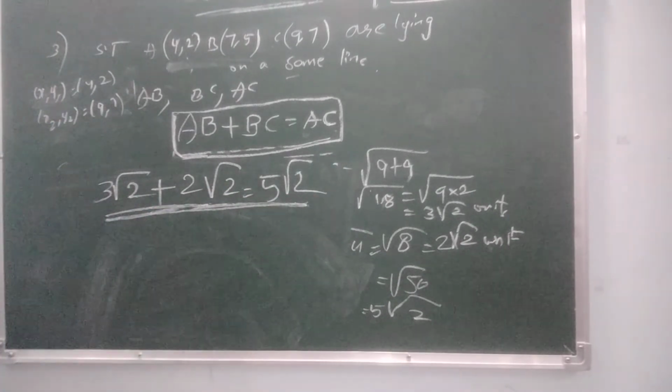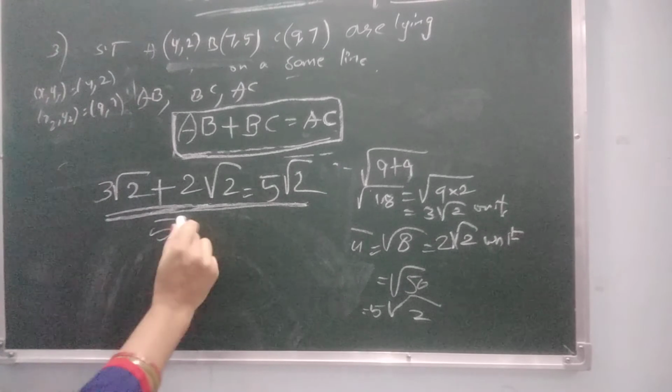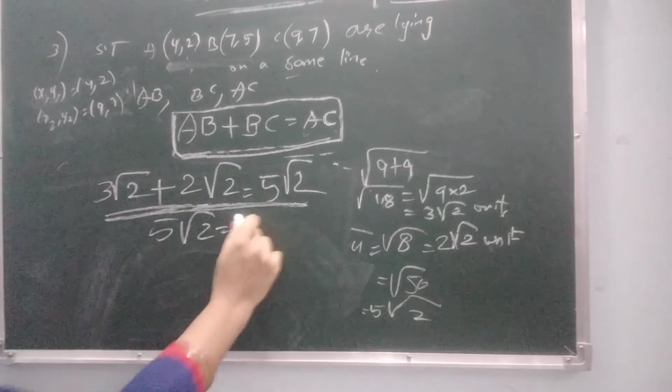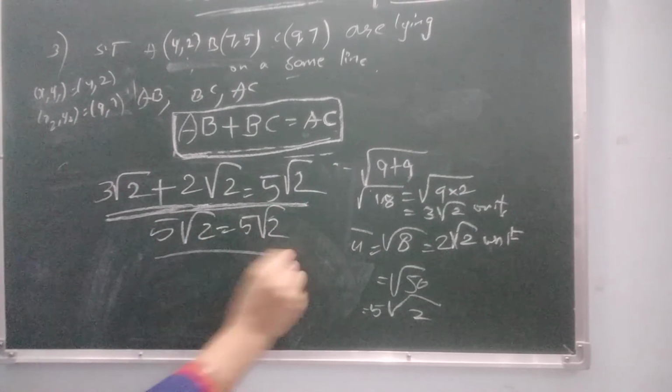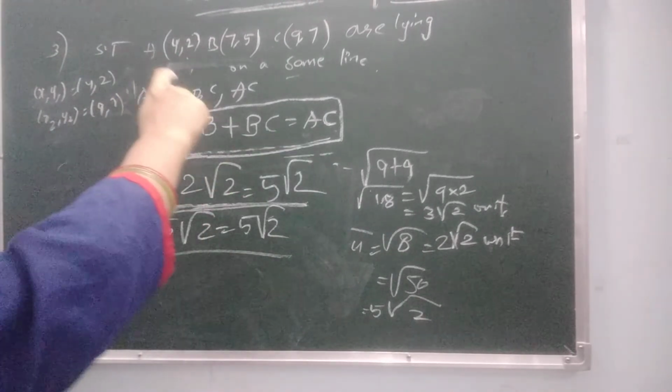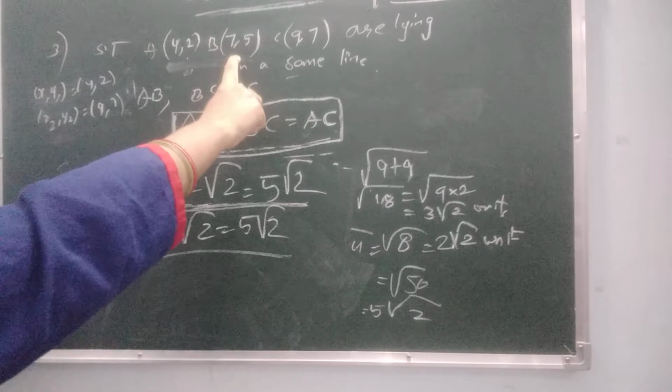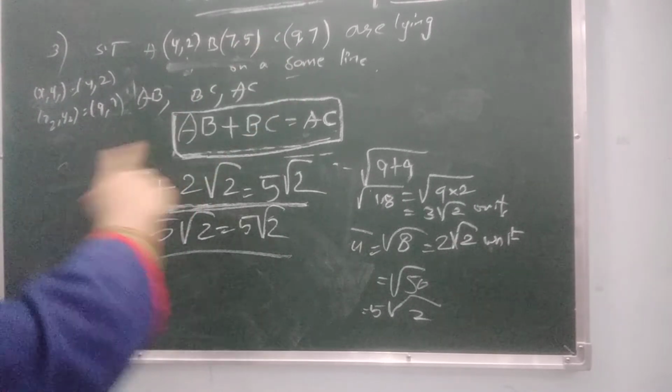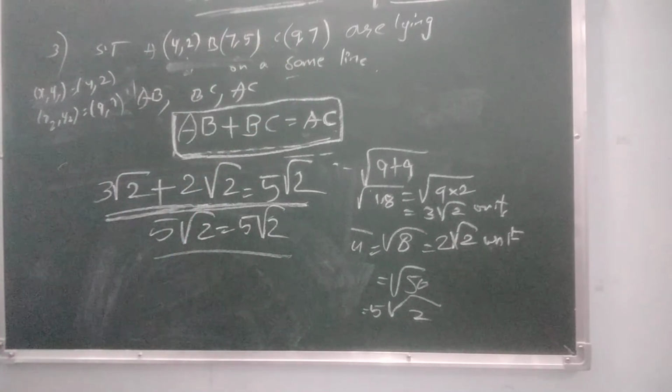Yes, exactly. 3 root 2 plus 2 root 2 equal to 5 root 2. This is absolutely right. That means AB plus BC equal to AC. Therefore, the 3 points lie on a straight line. Is it clear? Please note down this.